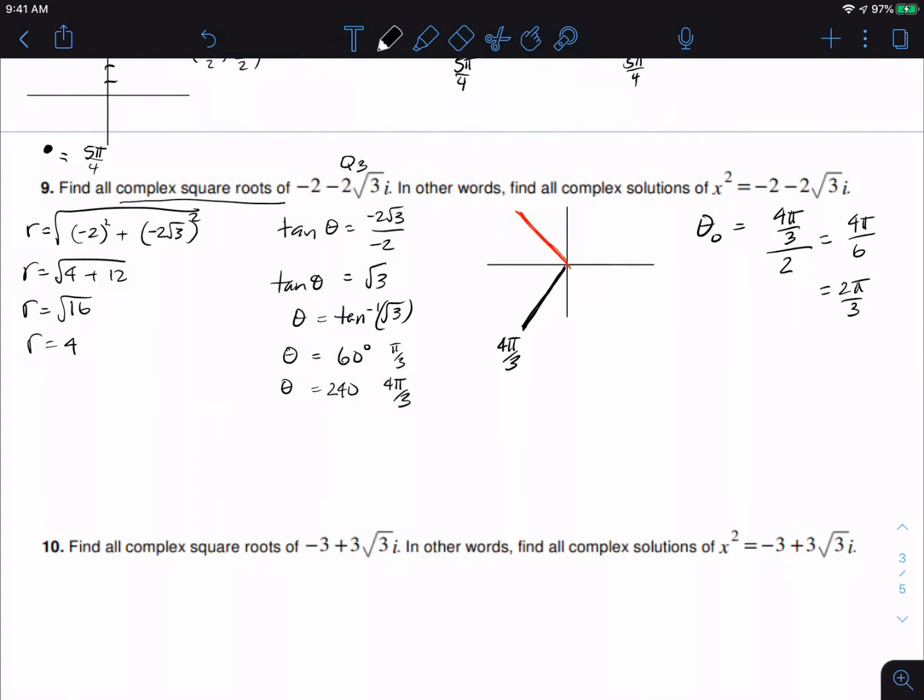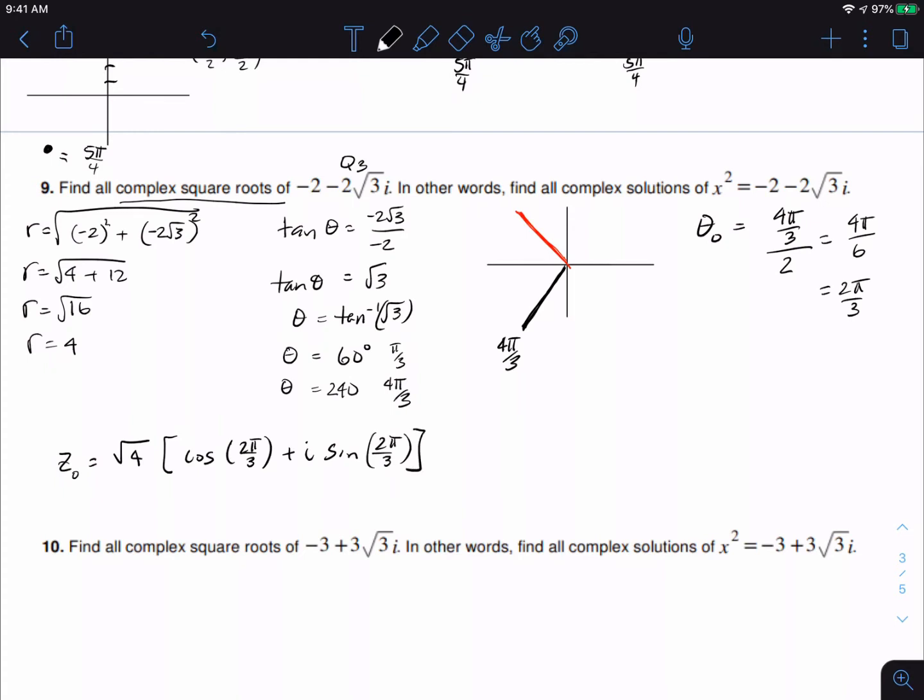So I'm going to get, okay, according to the theorem, z of 0 then is going to be the square root of 4 times cosine of my initial angle, which is going to be 2 pi over 3, plus I sine of 2 pi over 3.